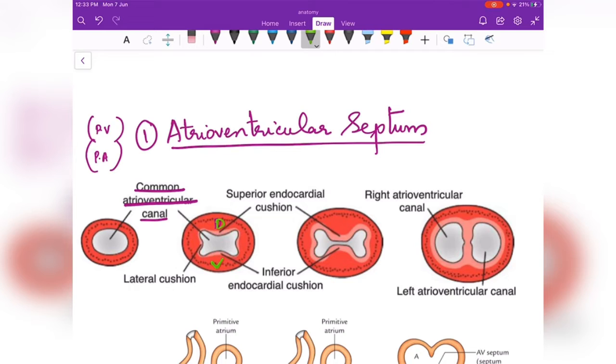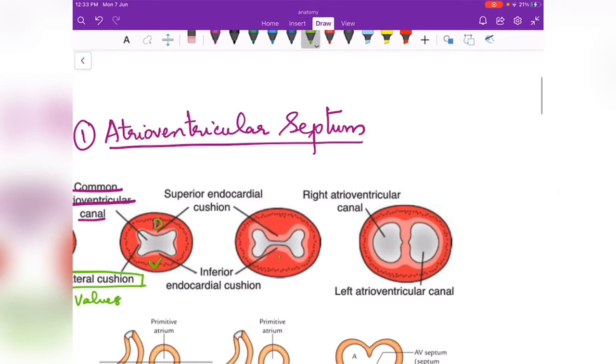The lateral cushions remain as such, and they have a role in the development of the valves, about which I'll mention later. But the superior and inferior, or the anterior and the posterior wall cushions, will fuse together to form the atrioventricular septum.